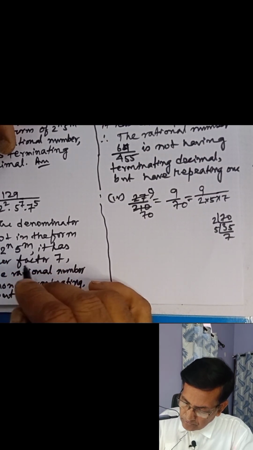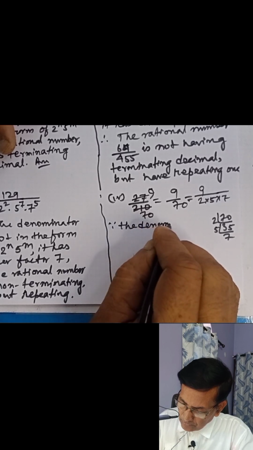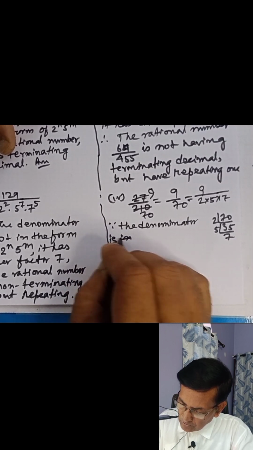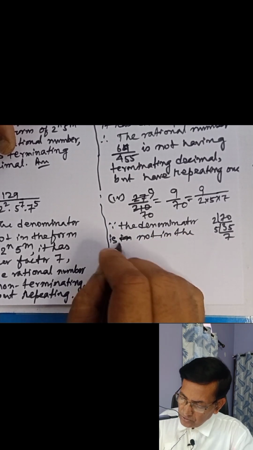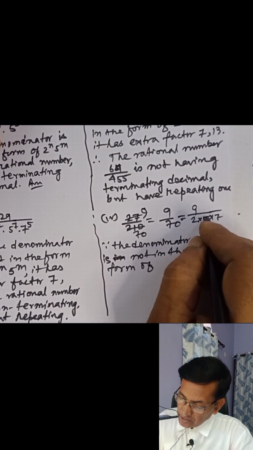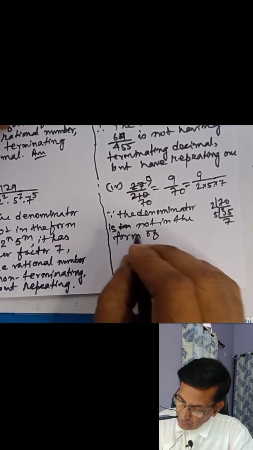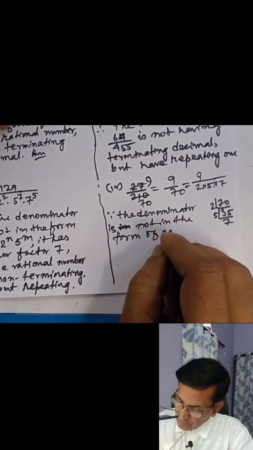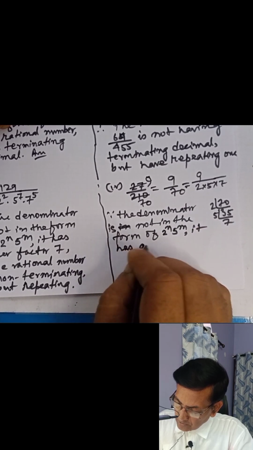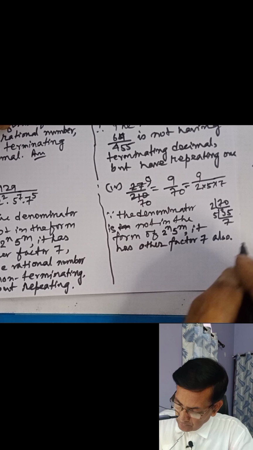Again the same logic as here: since the denominator is not in the form of 2 to the power n, 5 to the power m, there is also another factor 7. That's why it is non-terminating but repeating. The denominator has another factor 7 also.